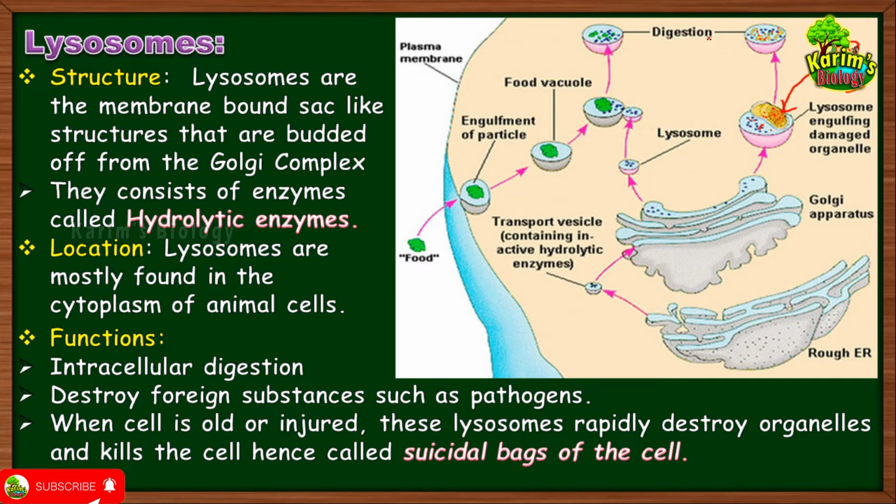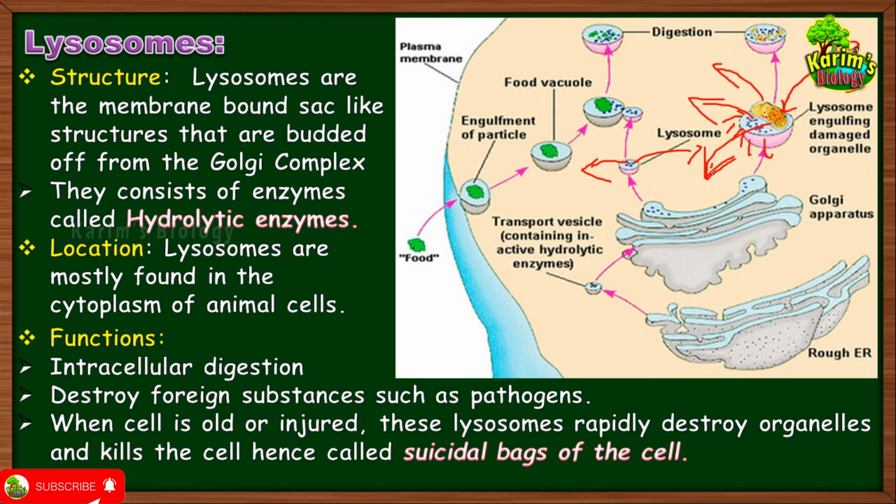When the cell is no longer useful, when all the cell organelles are infected with any microorganism, or when the cell entirely has become old, then the lysosomes present in the cell burst open so that all the hydrolytic enzymes come into the cytoplasm. When the hydrolytic enzymes come into the cytoplasm, all the cell organelles present in the cytoplasm will be destroyed by these digestive or destructive enzymes.